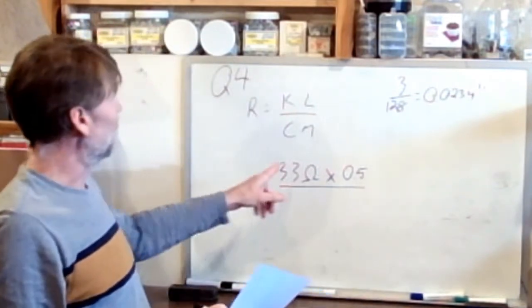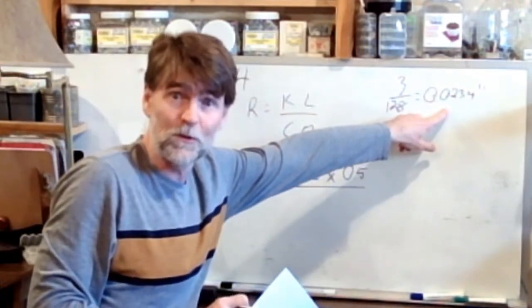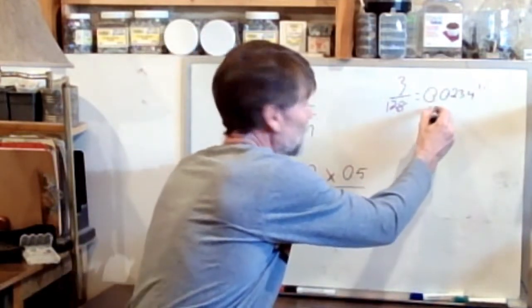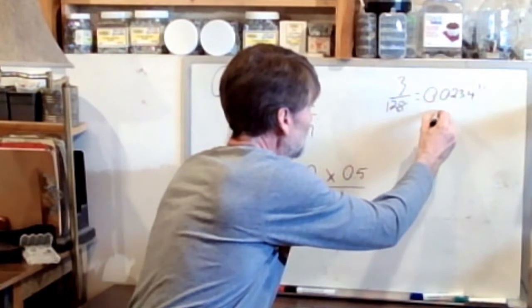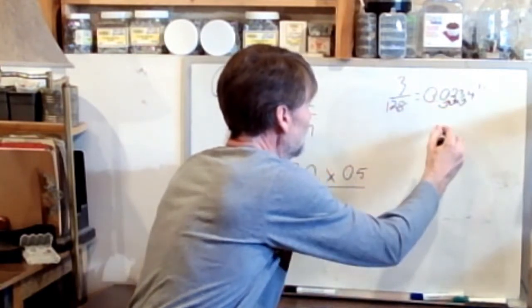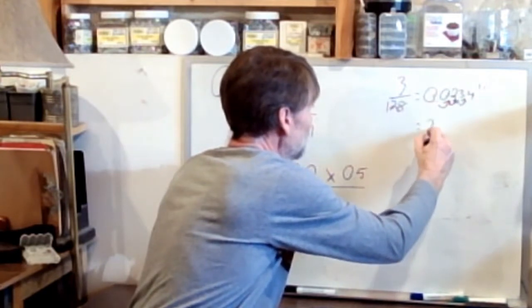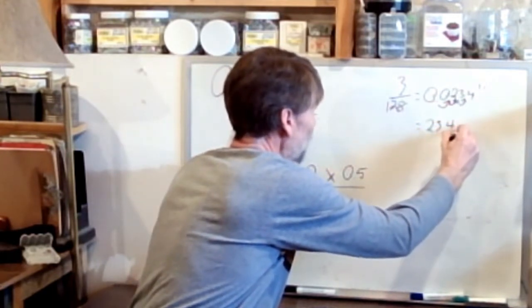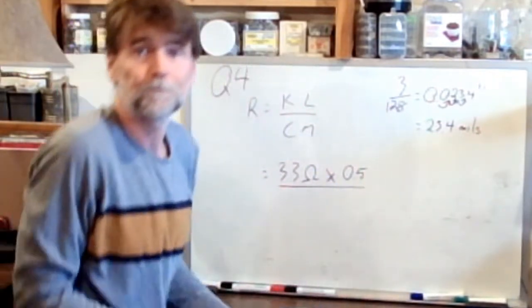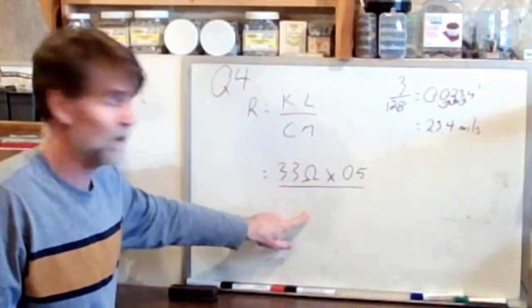Now the first thing we want to do is translate inches to mils. That means we're going to move the decimal place 3 times to the right. So 1, 2, 3 means this is equal to 23.4 mils.